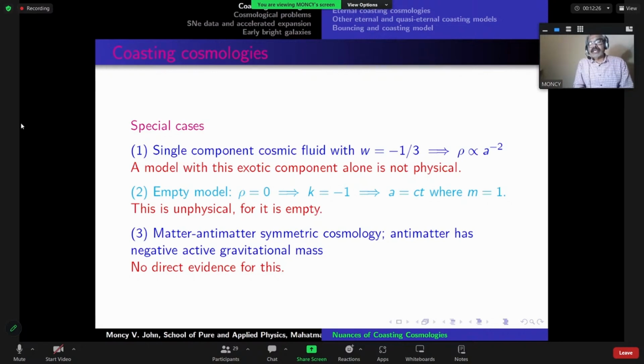Another special case is that of an empty model where rho equal to 0, k should be equal to -1, and you can write a equal to ct. But of course, this is unphysical, for it is an empty model. Thirdly, there is a matter-antimatter symmetric cosmology. Antimatter has negative active gravitational mass, so the total active gravitational mass will be 0. But there is no direct evidence for this scenario.